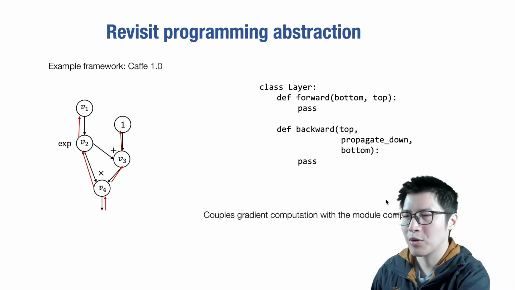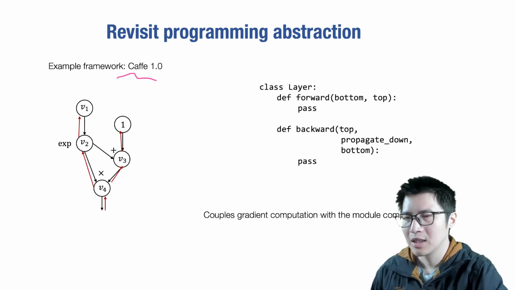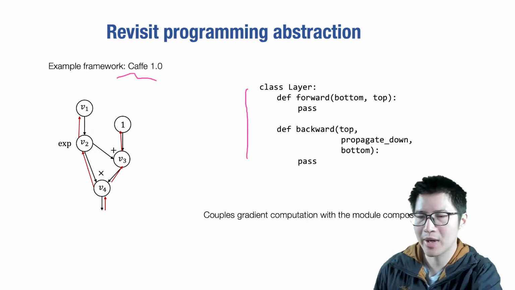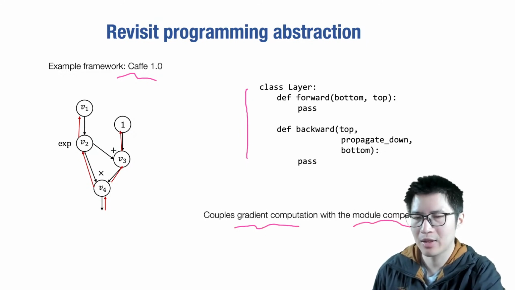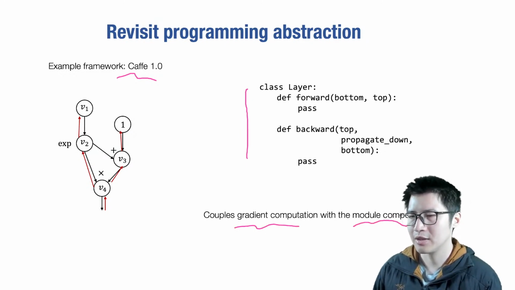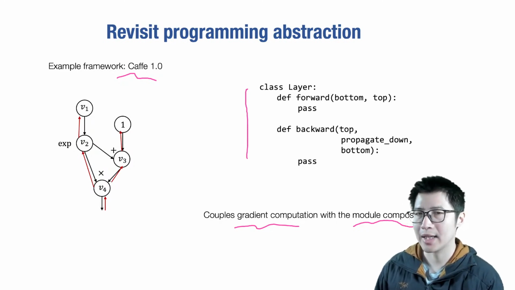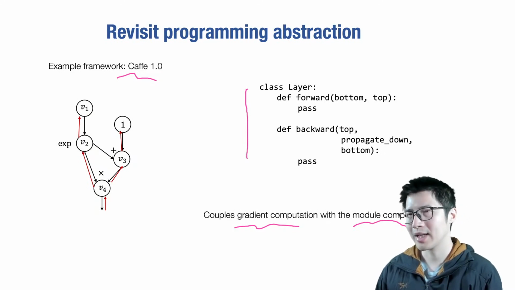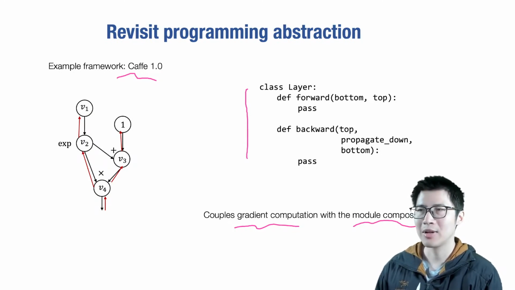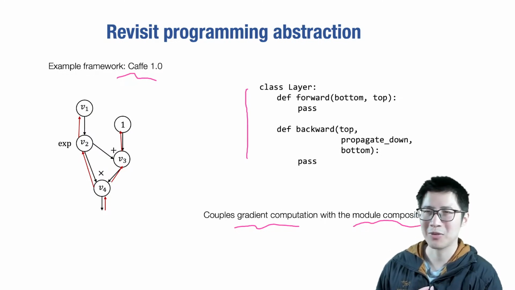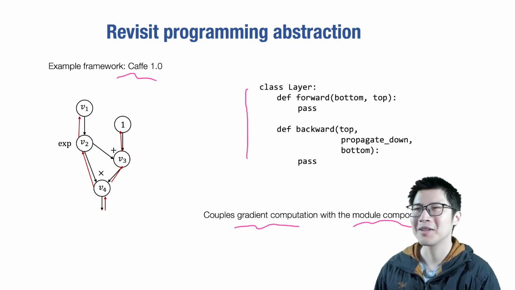If you look at the Caffe 1.0 API, you can find that the layer API here at least couples two things: the gradient computation and module composition. So in order for us to, for example, build a ResNet here, it's a bit complicated, because I can introduce a residual layer, but then we would need to define a gradient computation for that residual layer, which is non-trivial, right?